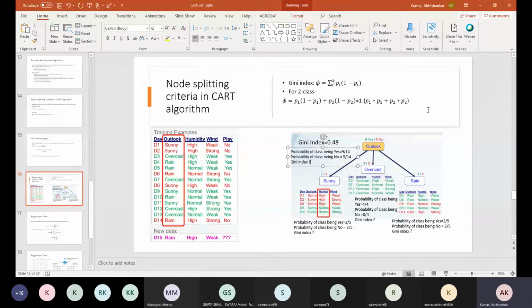For overcast, I've calculated 0. And for Outlook, you are saying 0.48, correct? And for sunny, 0.4 something.